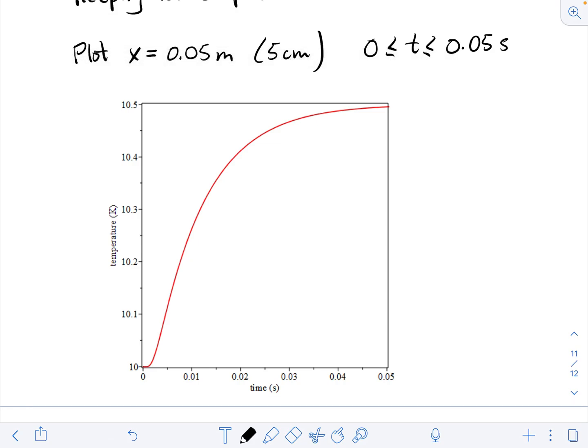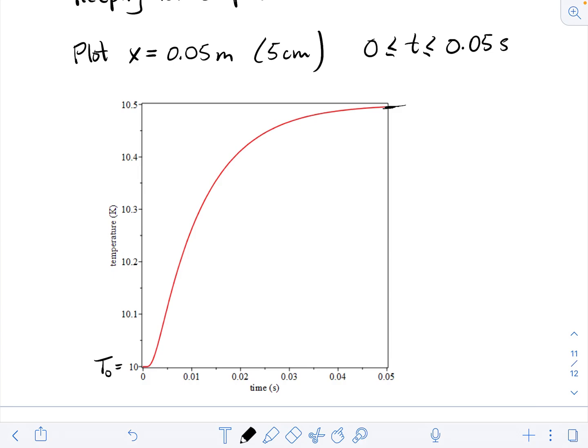Okay. And so we could check a couple things to see if it makes sense. Initially, the rod was at T0, and so that's what we'd expect at t equals 0. And then a long time later, it's asymptotically approaching a flat value.